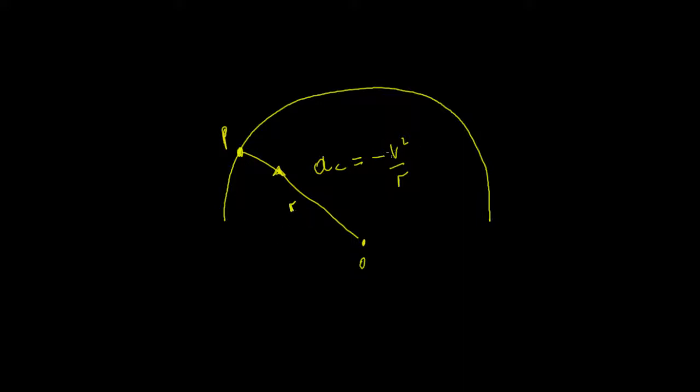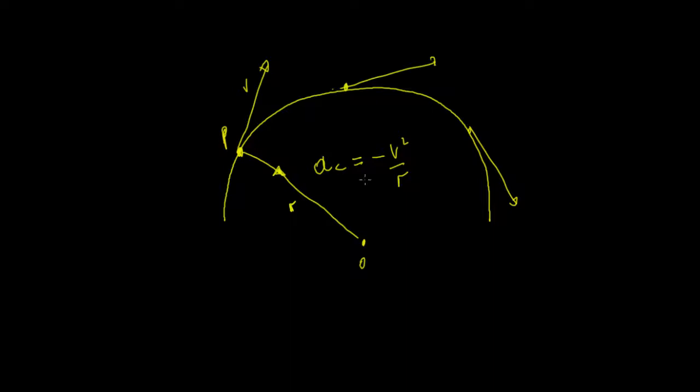Another thing is that v, the velocity vector, points tangential to the direction of motion in the circle. So at this point here, for example, it would be a tangent to that point, in that direction, and round at this point it would be in that direction.